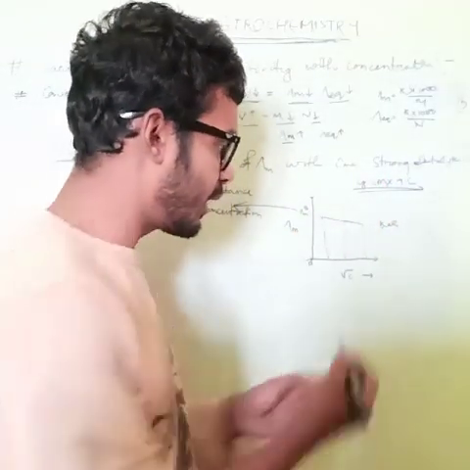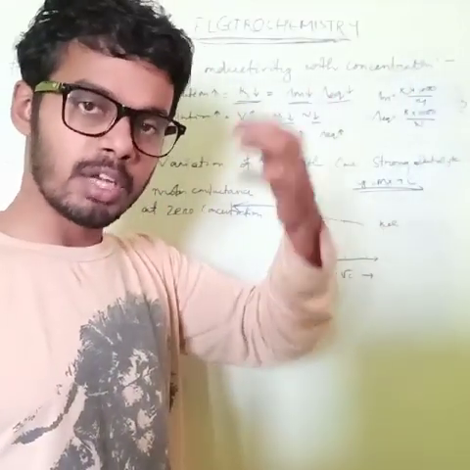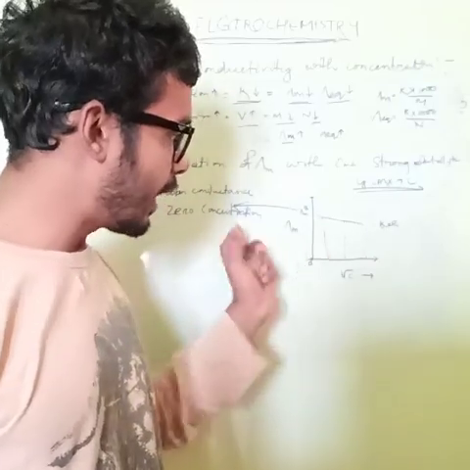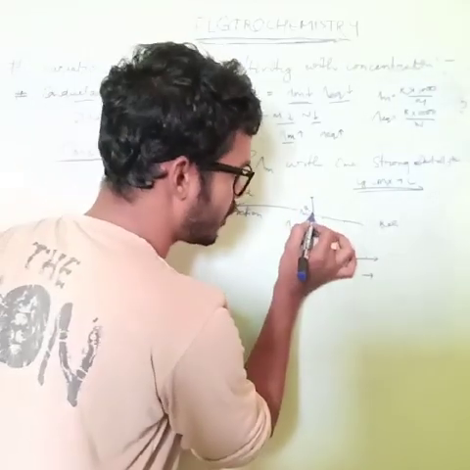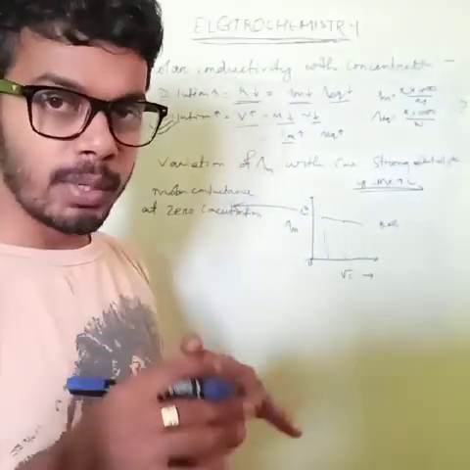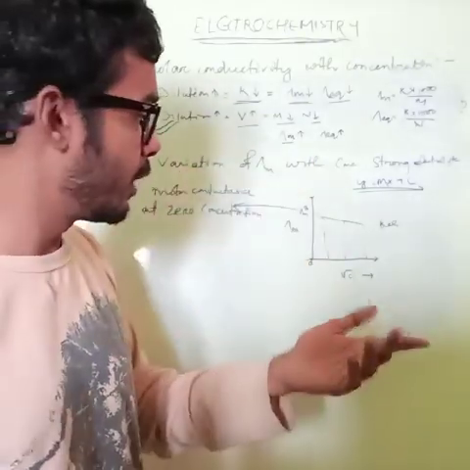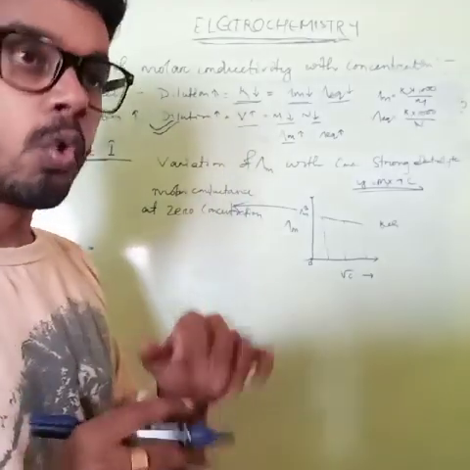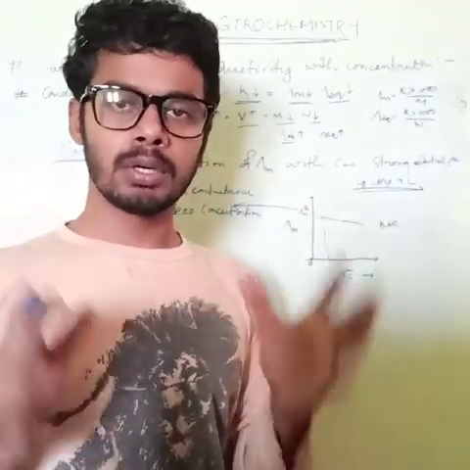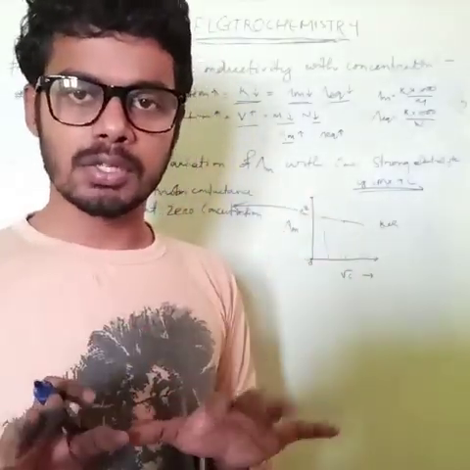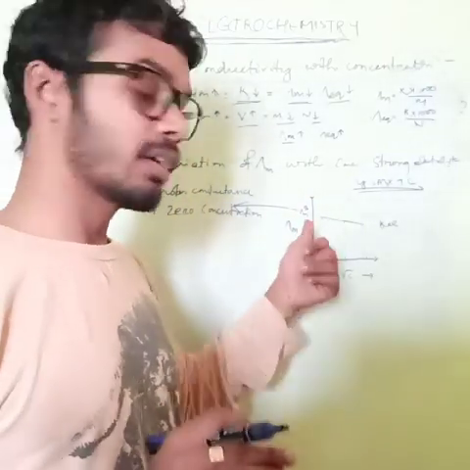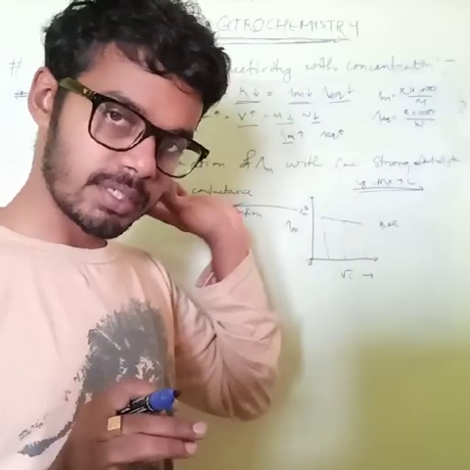From here you have started diluting it, and as time goes on you are diluting more and more, until a time will come when it achieves this point where the concentration will be 0 and the conductance will be at its maximum value. So we have taken lambda m infinite, meaning there will be no more dilution and nothing will happen to the concentration. At that moment concentration will be 0 and the conductance will be infinite.